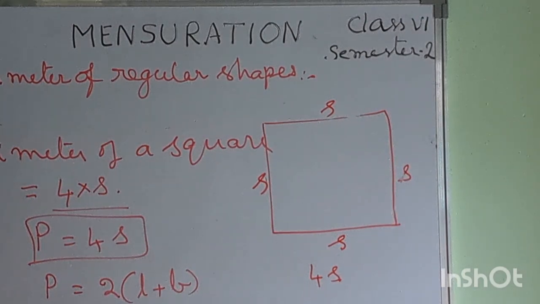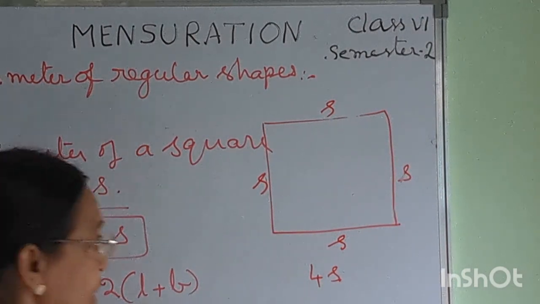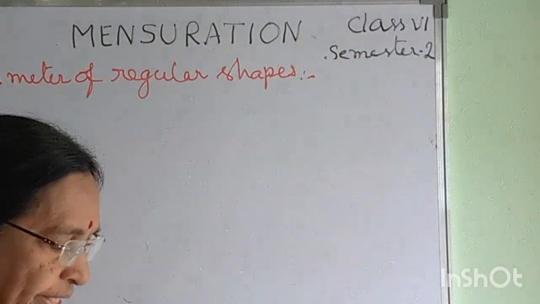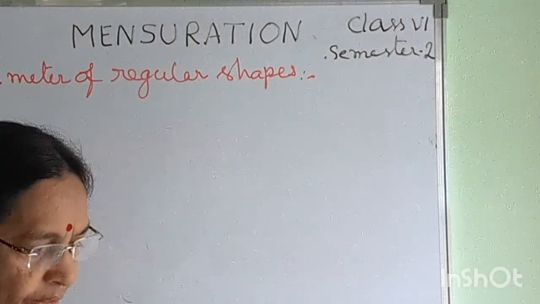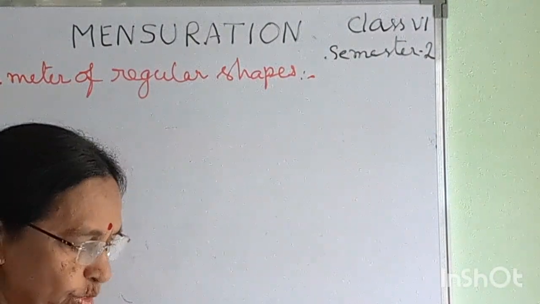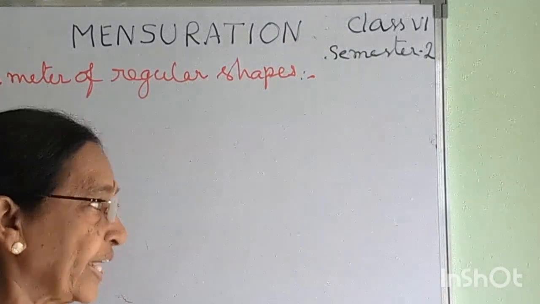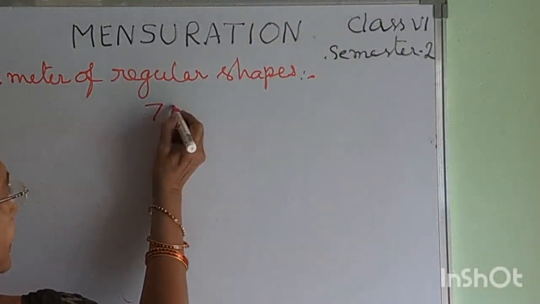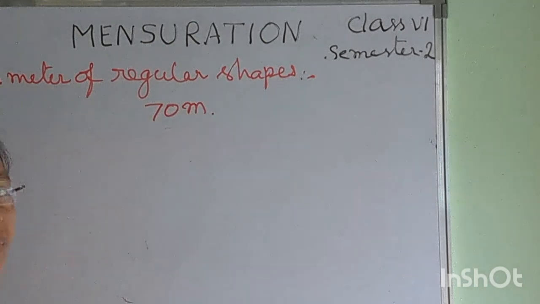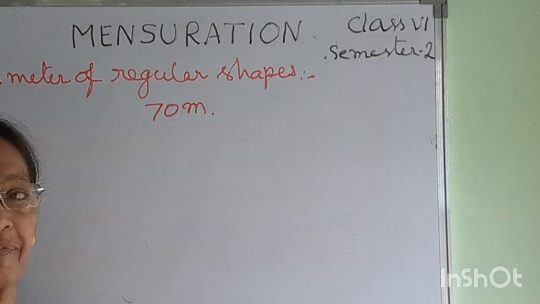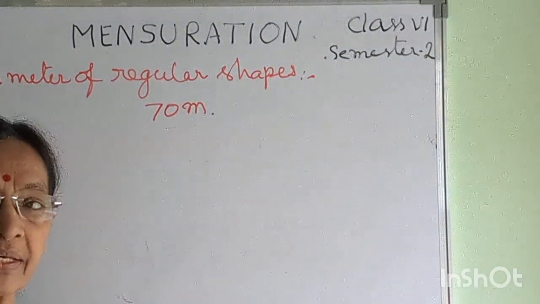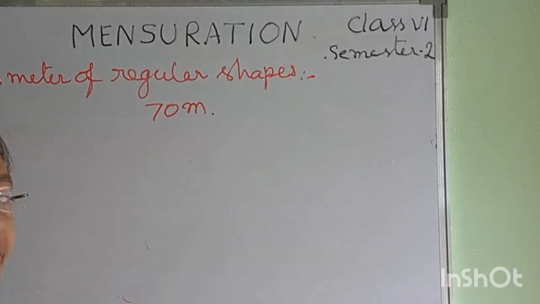Now we will do some problems on the perimeter of a square. Find the distance travelled by Shaina if she takes 3 rounds of a square park of side 70 m. So there was a park in the shape of a square and each side of the park is 70 meters.